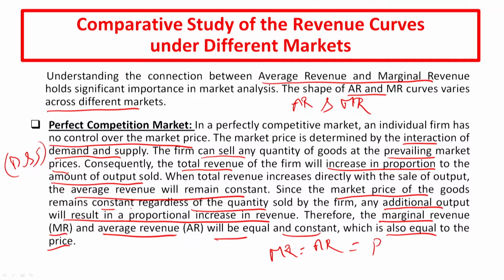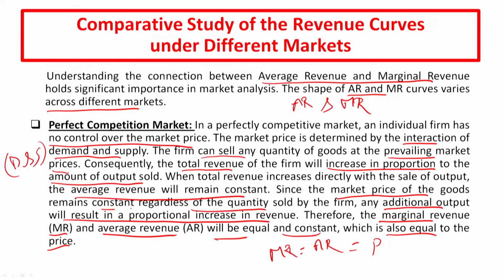So you are able to understand here, in perfect competition, the firm is a price taker, and the price is determined on the basis of demand and supply, and finally the MR becomes equal to AR, which is equal to the price.